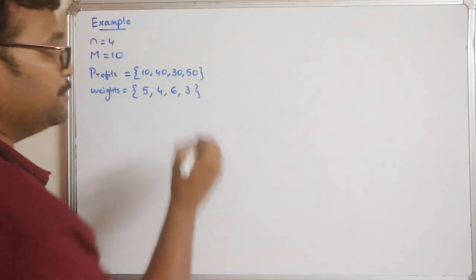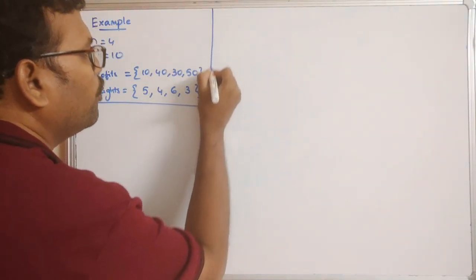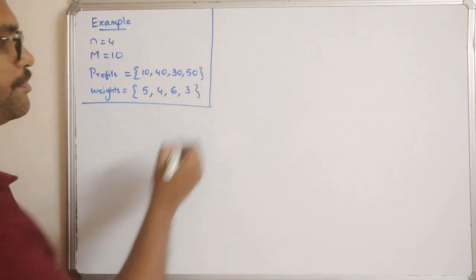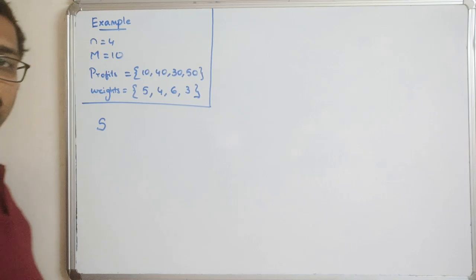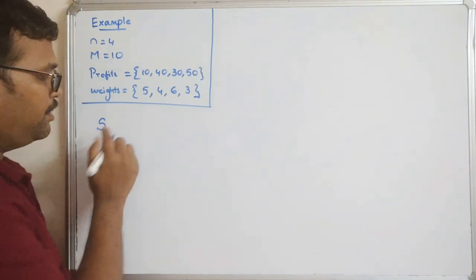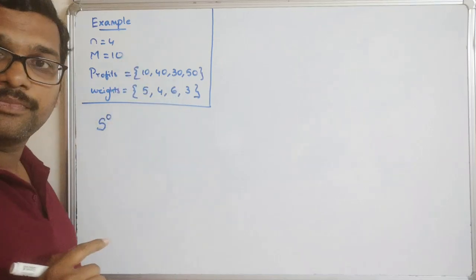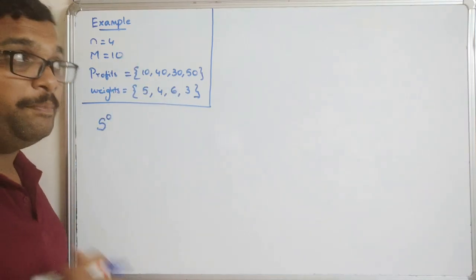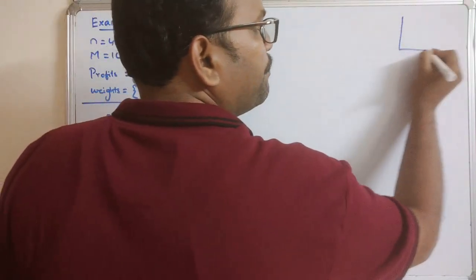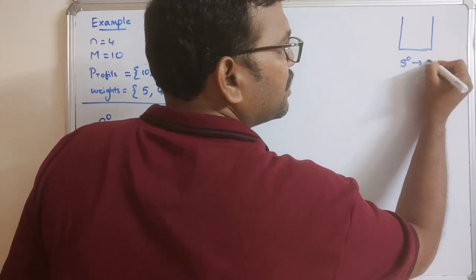Okay, see, this is a problem and now we'll go with the solution. So let us take the first one, the solution. Okay, the sack S of 0. So we are having 4 elements. So we need to find out 0, 1, 2, 3, 4. That means initially S0 is empty.